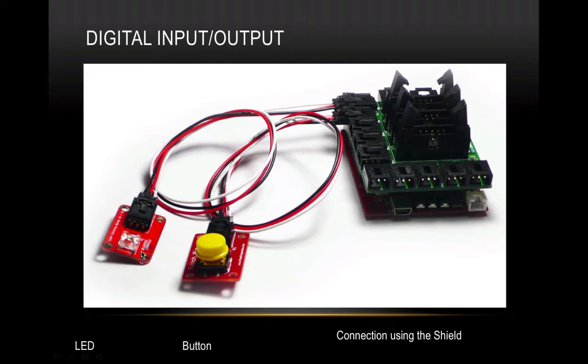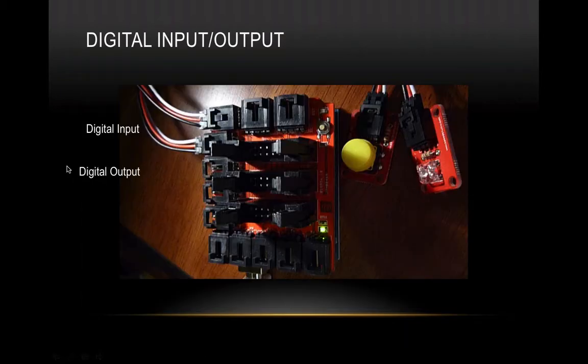As you can see now, this represents the LED and this is your push button switch. The application here is that when the button is pressed, the LED should turn on, and when the button is released, the LED turns off. This is a very simple example of a digital input output application.